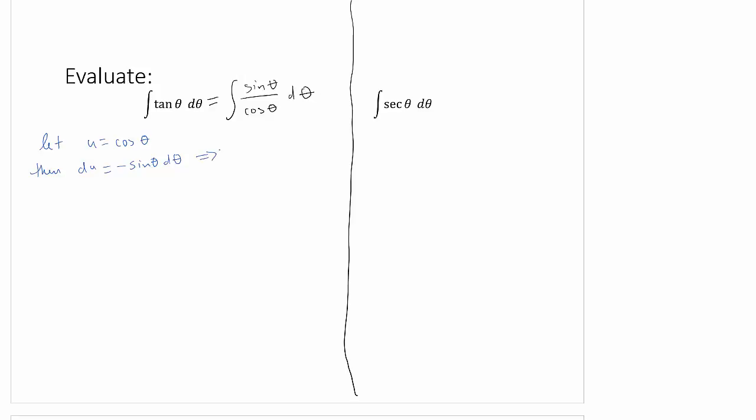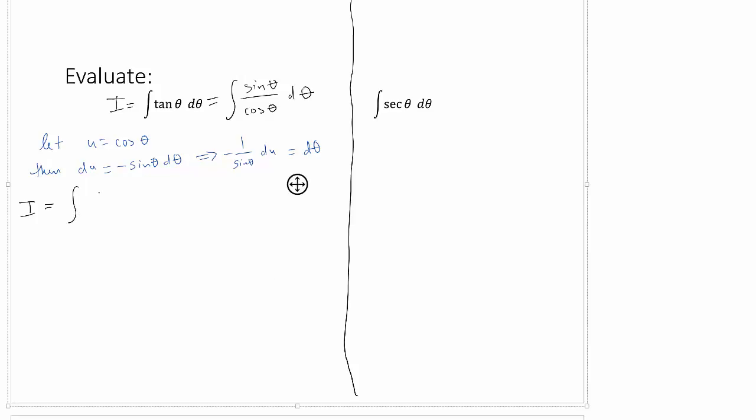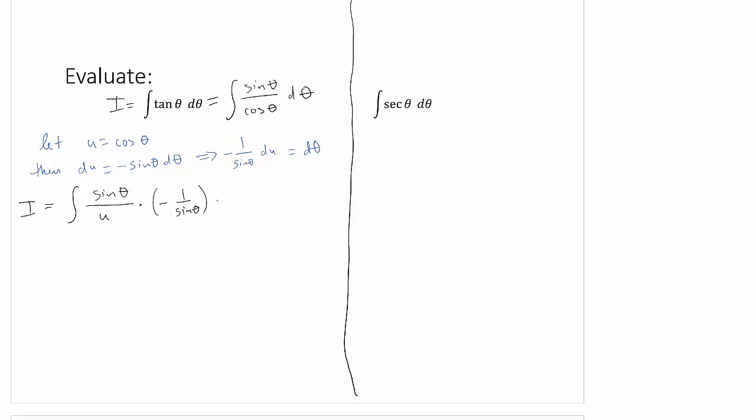So d theta would be equal to negative 1 over sine theta du. With our substitutions, the integral is the integral of sine theta over u times negative 1 over sine theta du.